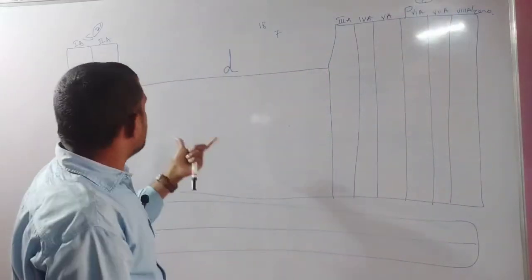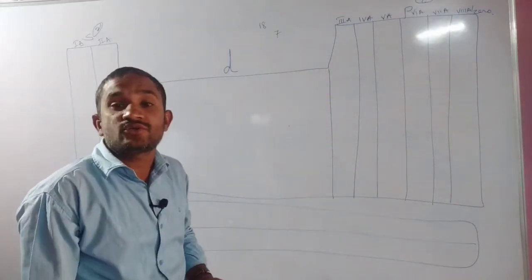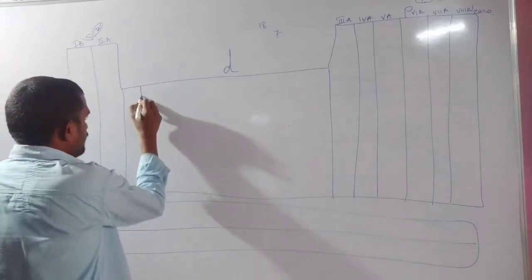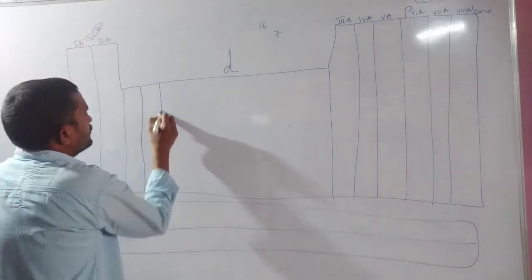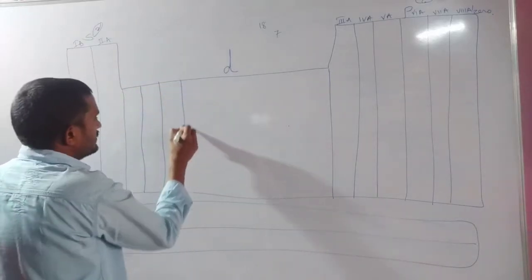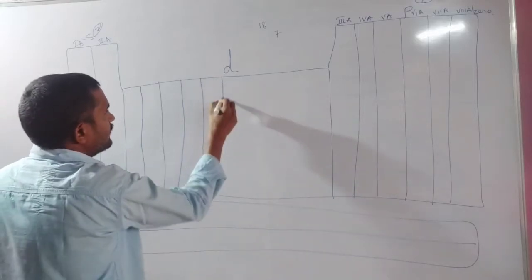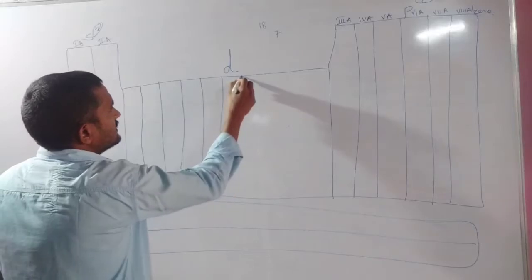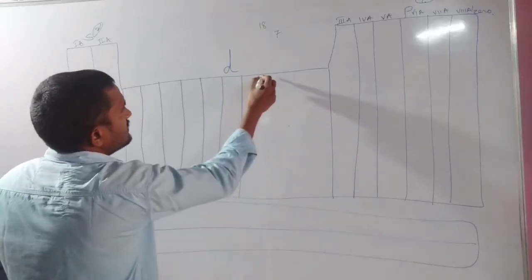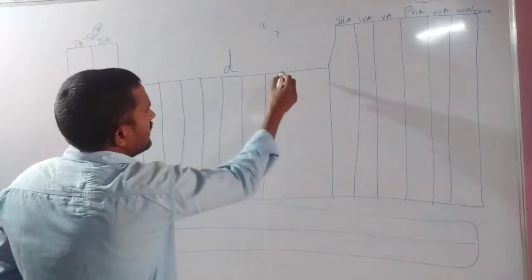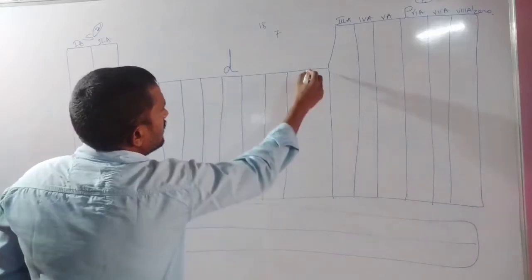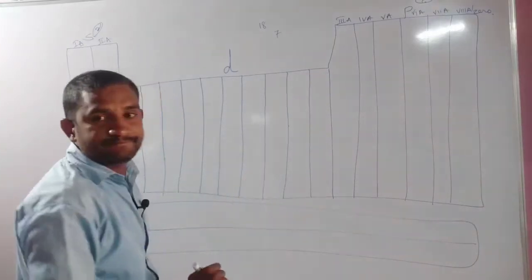Next, the D block consists of how many groups? Just as I told, 10 groups are there: 1, 2, 3, 4, 5, 6, 7, 8, 9, 10.